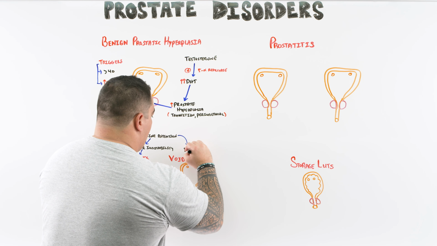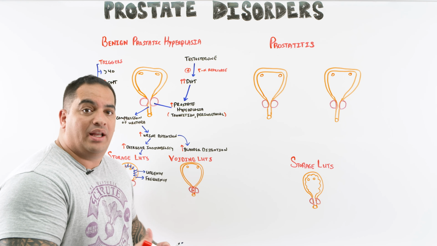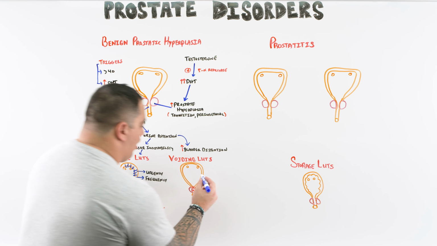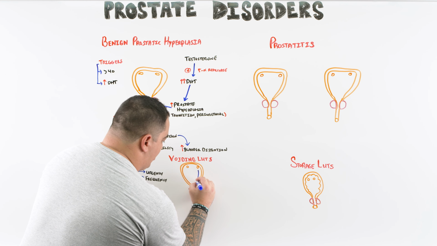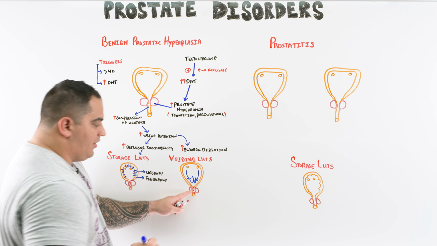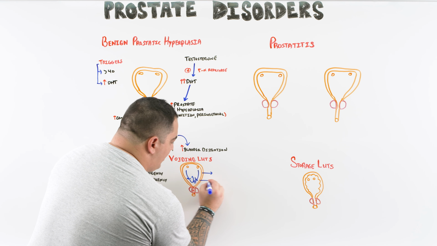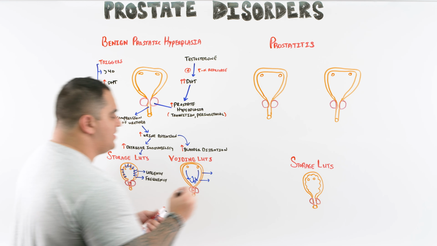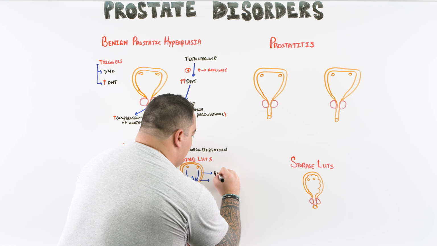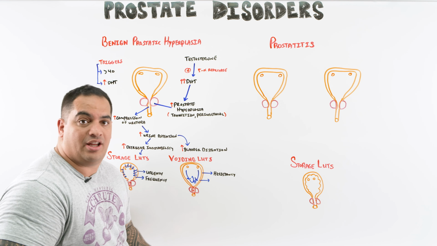The issue with this is that these patients have hesitancy. They feel like it's really hard to go to the bathroom, and when they do, their stream is very weak. Because of this obstruction, when they're trying to go, they have hesitancy and then oftentimes a very weak stream because they're really trying to squeeze urine through this tiny little prostatic urethra.